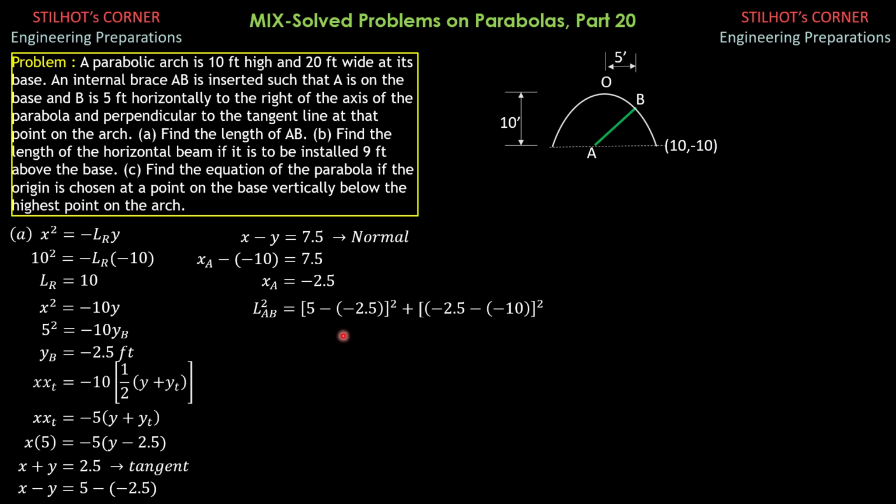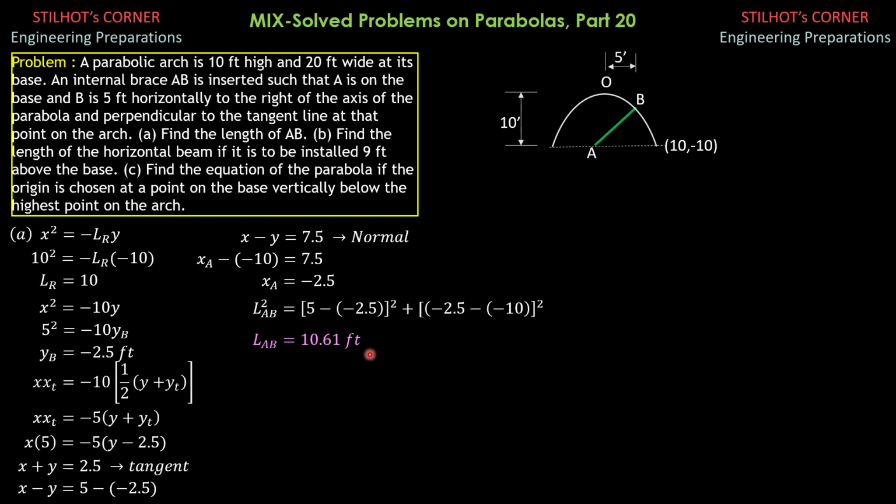So this is 7.5 square times 2. So LAB is 7.5 square root of 2, which is 10.61 feet. So that's for part A.